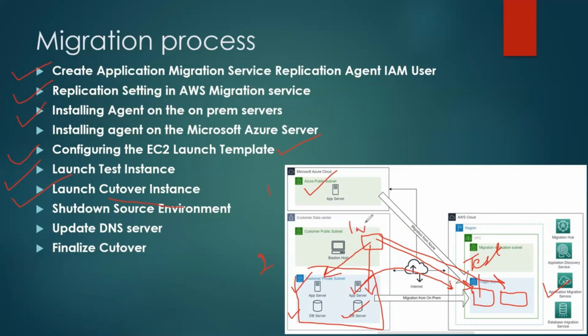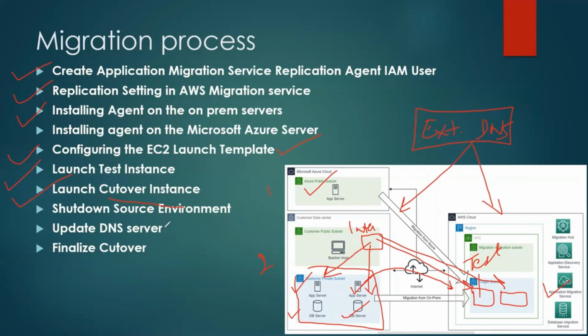So here it is an internal DNS, but in most use cases, there are external DNSs which are directing towards the on-premises network. Once we are planning cutover, then all these records are directed towards AWS cloud. So whatever was accessed over here, that same can be accessed from here.